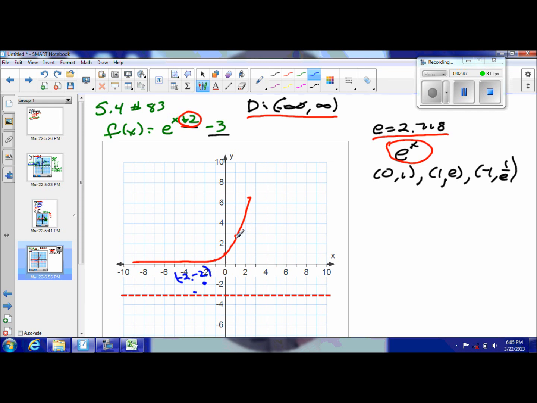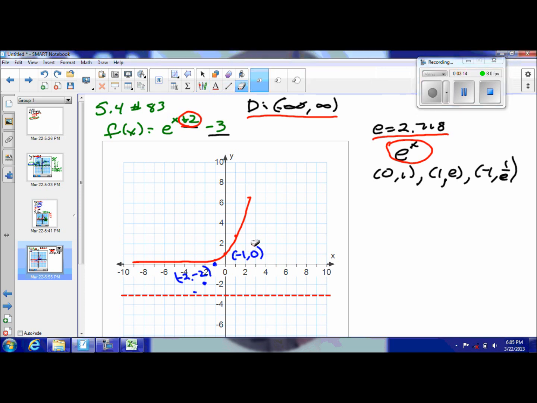And this point here, I'm going to move it to the left 2, down 3. So that point right there is going to be at negative 1, 0. Is that right? No, that isn't right. It's not negative 1, 0. You guys get confused about e.